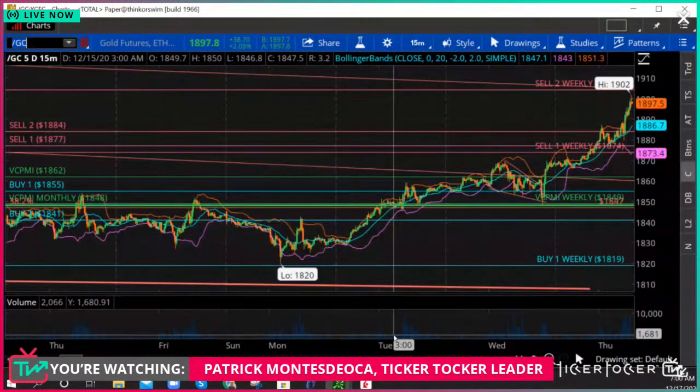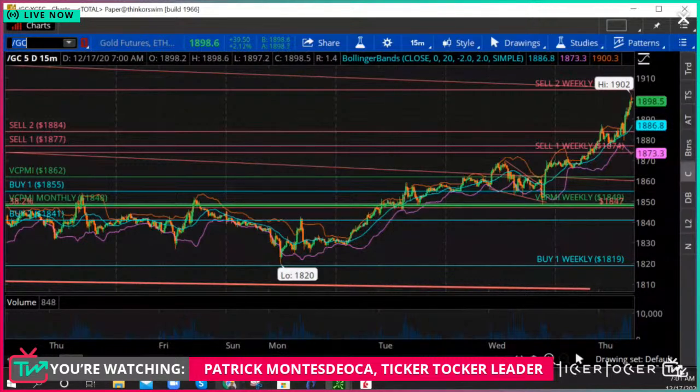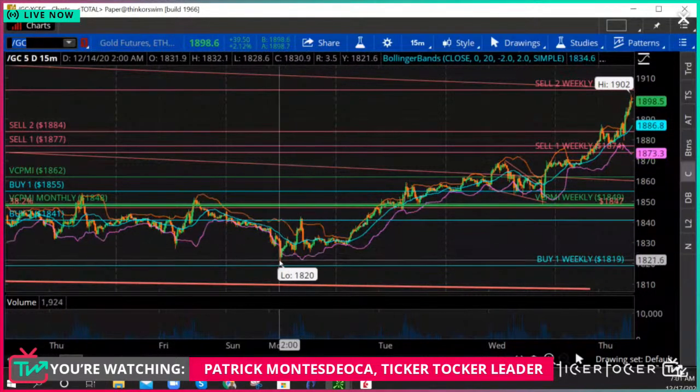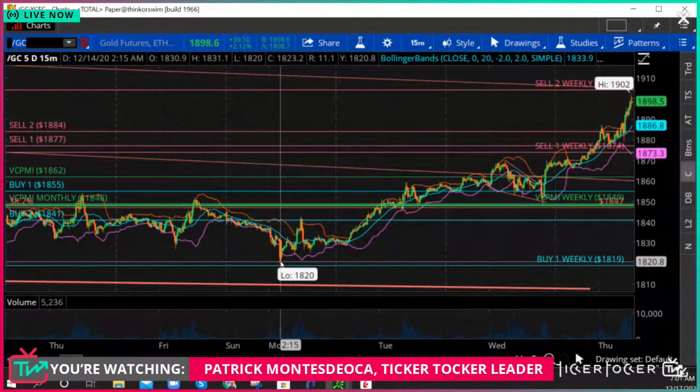Let's jump right into the trading room here and take a look at the price of gold. Up $38.70, trading last at $1898.40. The market obviously is in an uptrend, as the low that was made here at 1820 just a couple of days ago on the 14th.